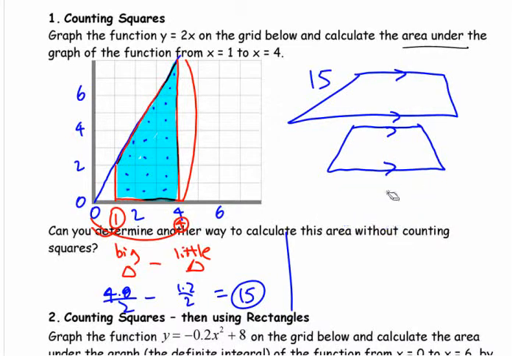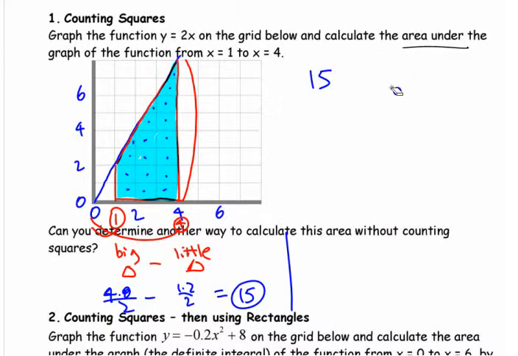So it's good to know how to find the area of a trapezoid. You may remember a formula for that. Basically it's the average of the two heights, the height on either side here. If you averaged out the height, it would look like this.